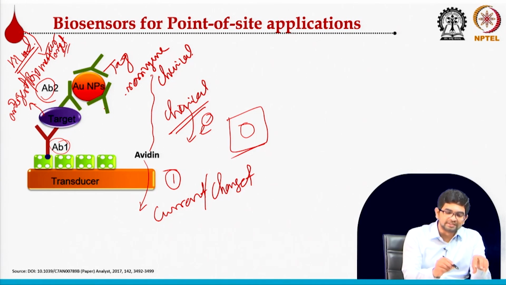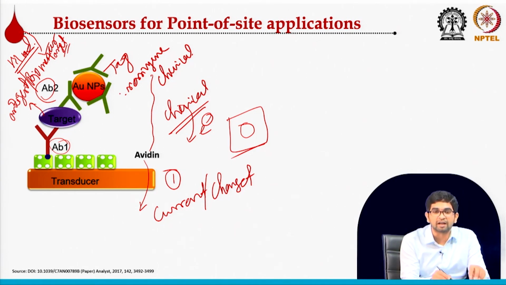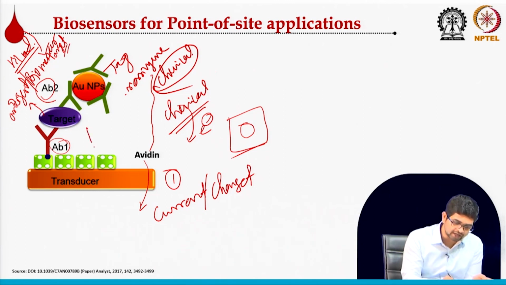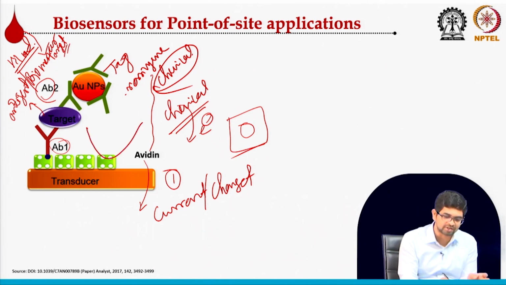Because this tag can react with some chemical, as I mentioned, and it will give some product or another substrate, and that will react on your sensor surface, and it will give some electrons.